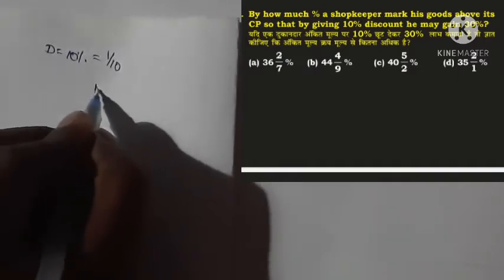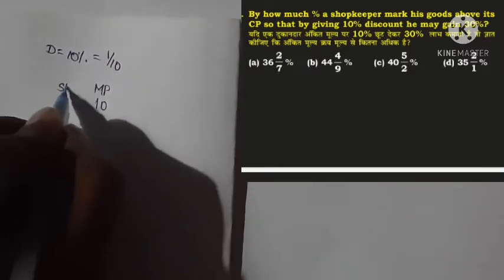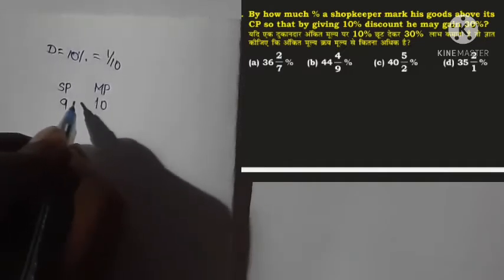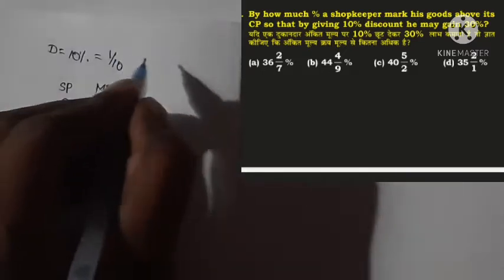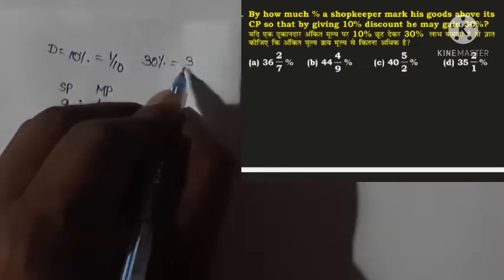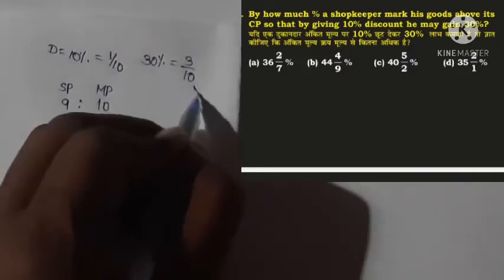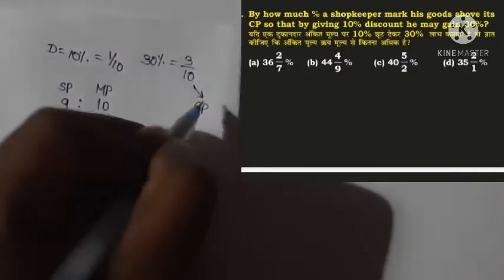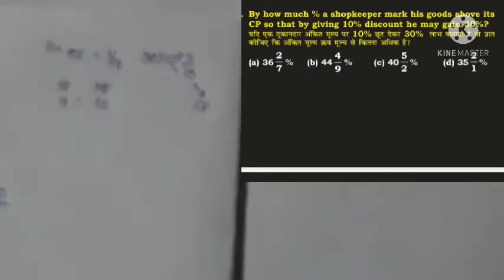Say the mark price is 10, then the selling price is 9. He may gain 30%.